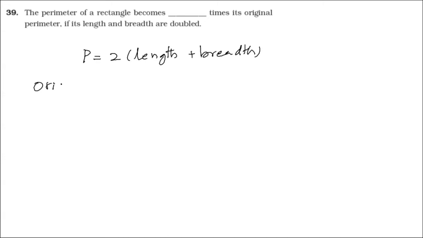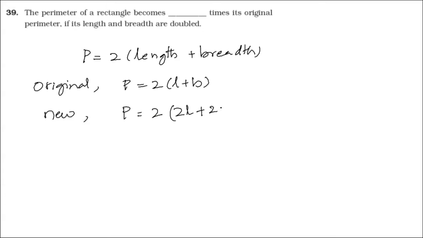For the original rectangle, perimeter will be 2 times L plus B. For the new rectangle, perimeter will be equal to 2 times, instead of length I have to take 2 times length plus 2 times breadth, because length and breadth both are doubled here.